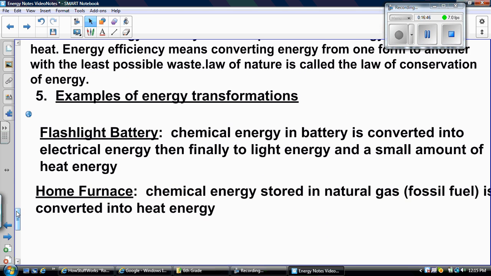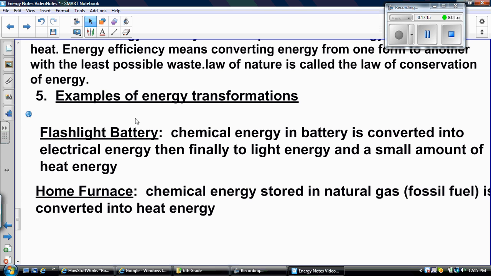So let's take a look at how energy can be transformed. Let's take a look at the simple flashlight battery. Chemical energy in a battery, remember chemical energy is potential energy, is converted or changed into electrical energy, then finally into light energy and a small amount of heat energy. So all that chemical energy that was stored in the battery, 100% of it does not get turned into light energy.